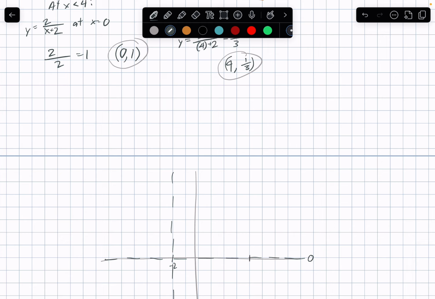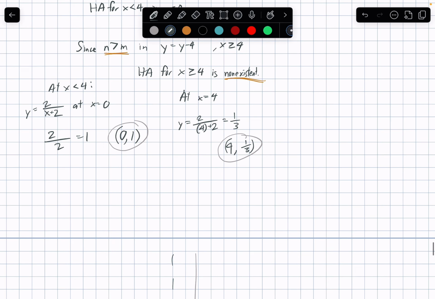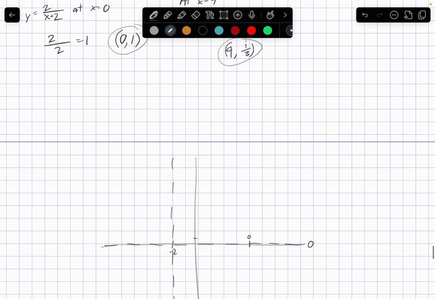This is 4, 1/3 is over here. Actually, this is supposed to be an open circle. (0, 1).